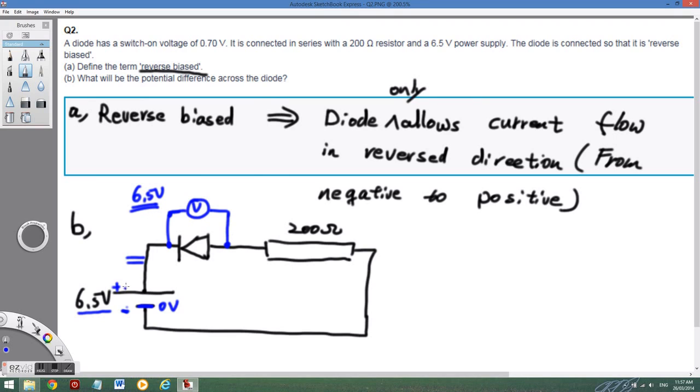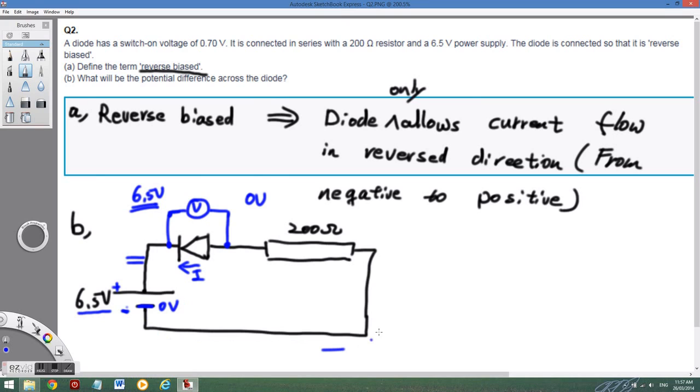However, on the right hand side of the diode, because the current is not allowed to travel through the diode now, the voltage on the right hand side will be 0 volt.